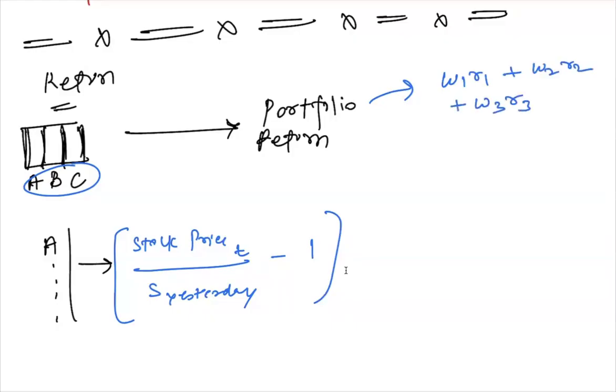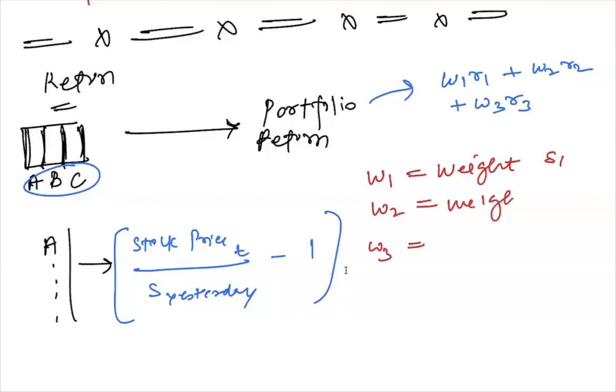Basically, W1, W2, W3 are the weights of stock 1, stock 2 and stock 3.